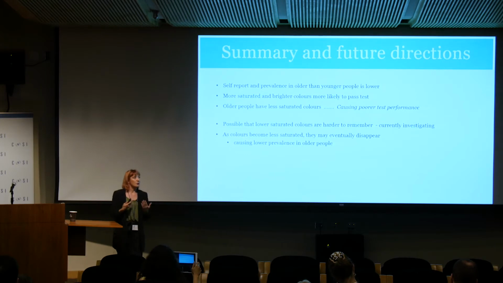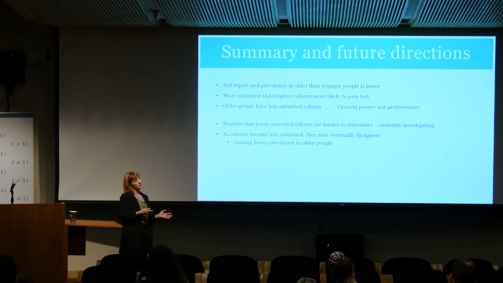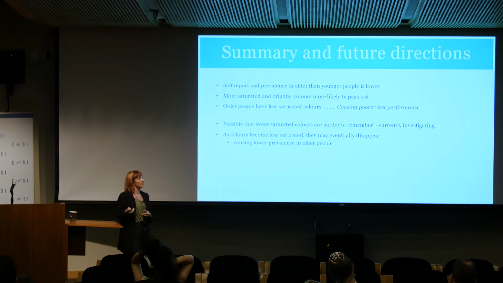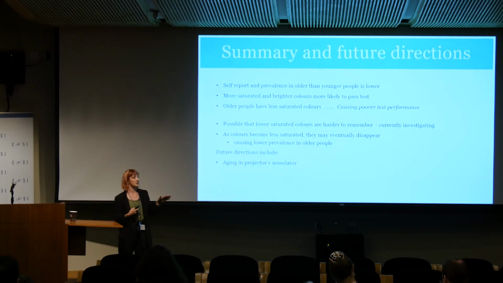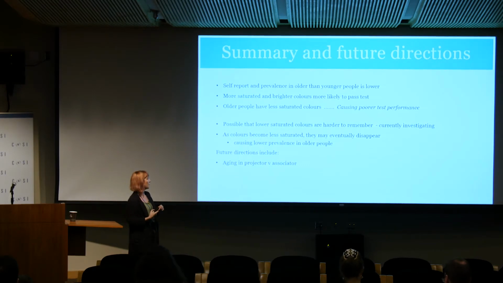So not only was chroma related to age, but also independently of age, it was related to test failure. So future directions can include, one thing we didn't get with this study was whether participants were projectors or associators.